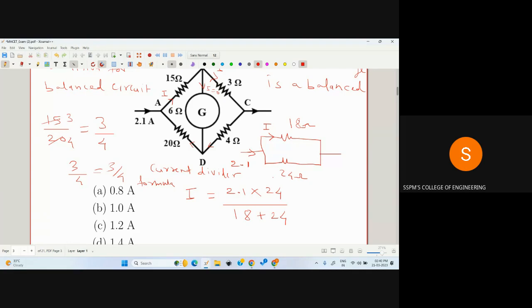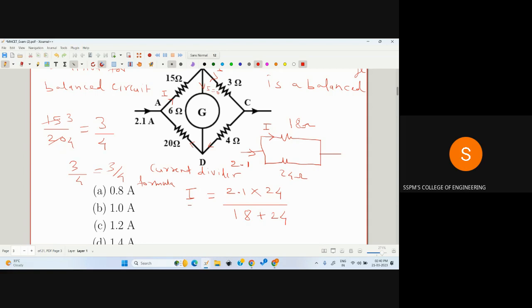So that is the equation we got according to the current divider formula. Once again, I repeat, the current flowing through the 18 ohm is equal to the total current 2.1 into the opposite resistor. We have to find the current in 18 ohm.